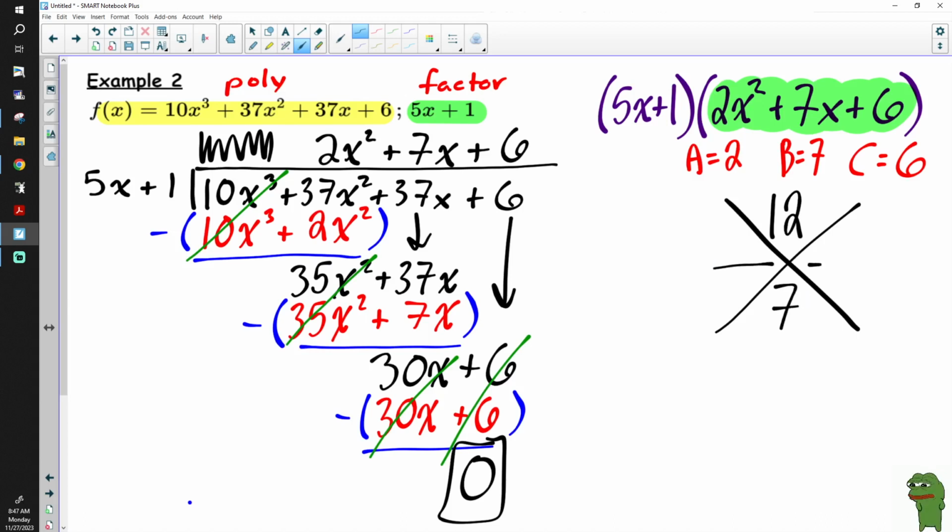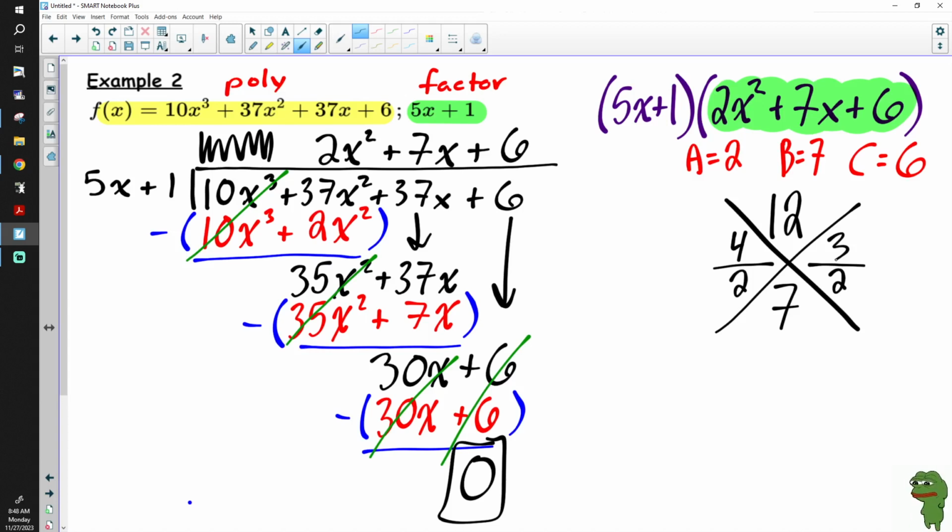What will we divide both sides by? 4 and 3. I agree with, but what will we divide both sides by? 2. Yes, and what multiplies to 12 and adds up to 7? 4 and 3. 4 times 3 is 12, and what's 4 plus 3? 7.